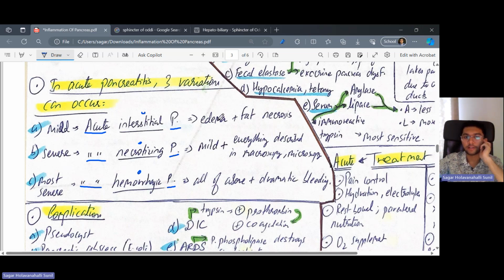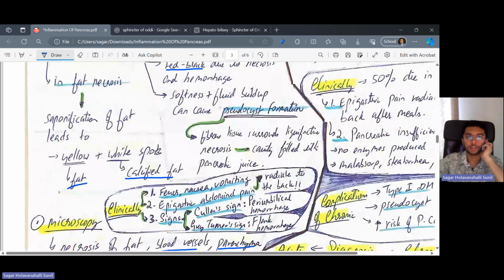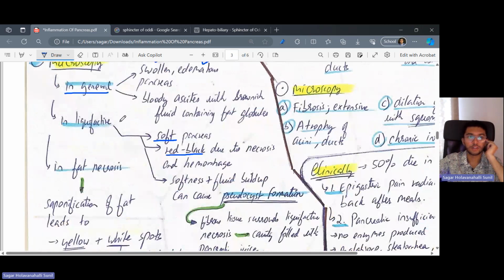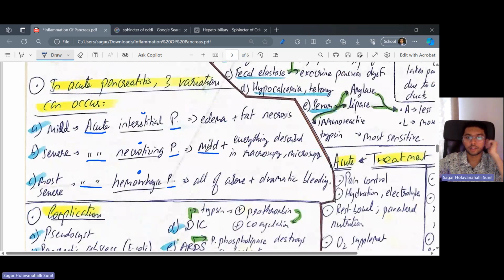In necrotizing, you'll have edema, fat necrosis, and whatever else is mentioned over here, maybe blood hemorrhage as well, but it is mild. Whereas in hemorrhagic pancreatitis, you'll have all of the above: edema, fat necrosis, hemorrhage, bloody ascites, pseudocyst formation, everything, plus dramatic bleeding. And that's what gives it the name hemorrhagic pancreatitis.